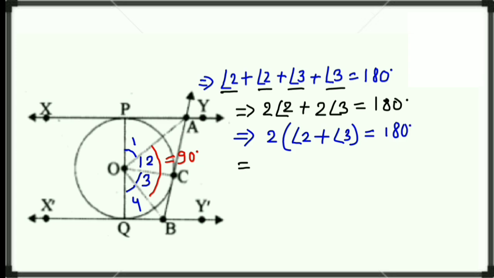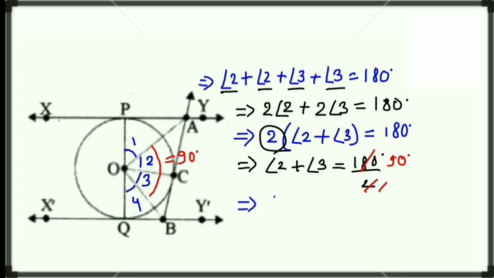Again, angle 2 plus angle 3 equal to 180 degrees, and this 2 goes to the RHS over here, and 2 ones are 2, 2 90s are 180. In this way finally we have obtained angle 2 plus angle 3 equal to 90 degrees.